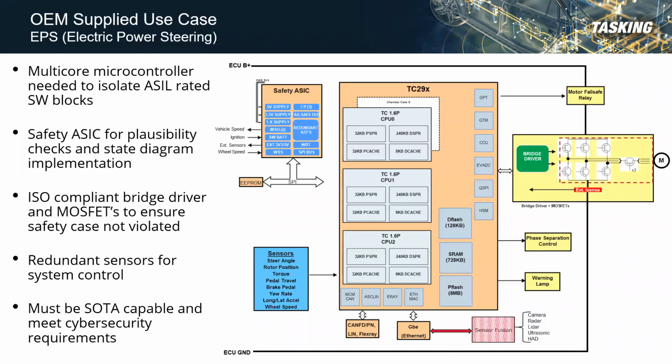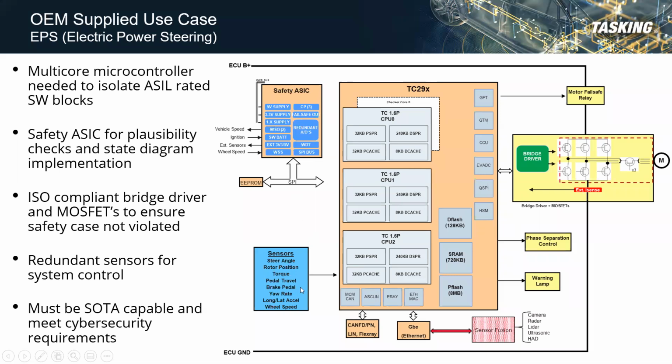We see here a top-level view of the OEM's block diagram of an ECU system. You can see the many different aspects of that system. We have a microcontroller here in the middle. Typically, you have a safety ASIC, which supplies some power supply, fail-safe, watchdog, in some cases even redundant A to D converters.